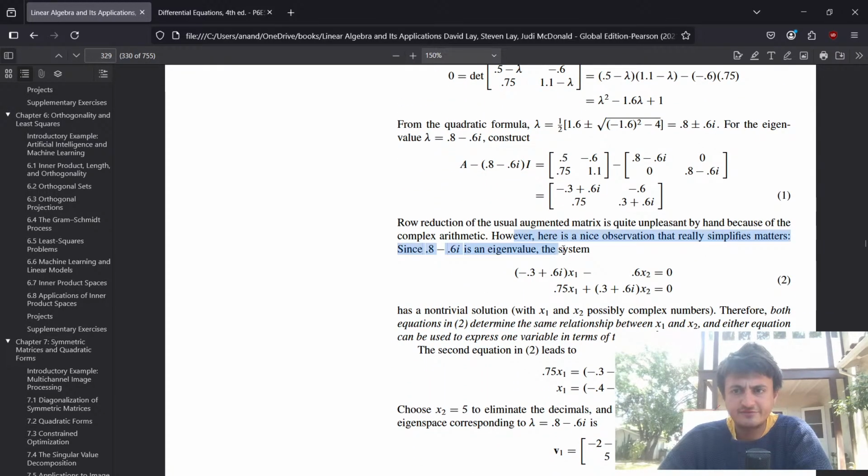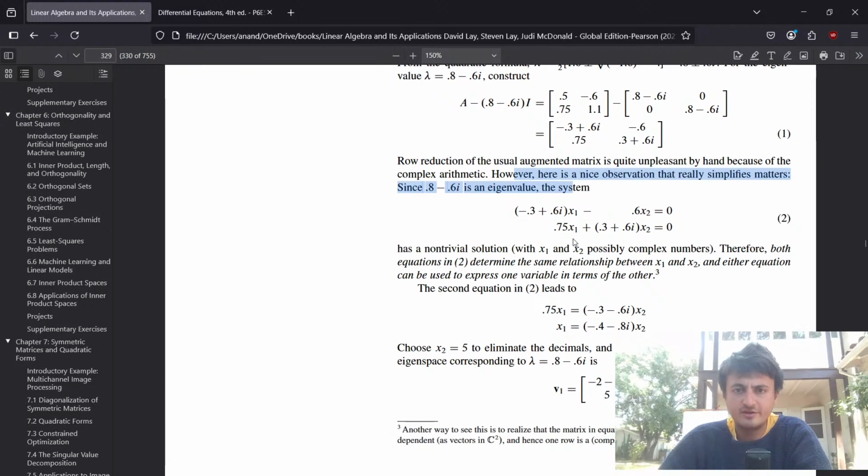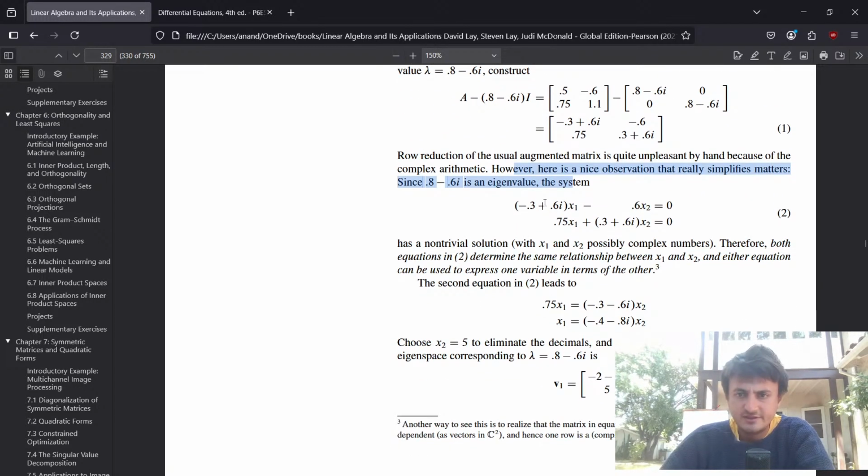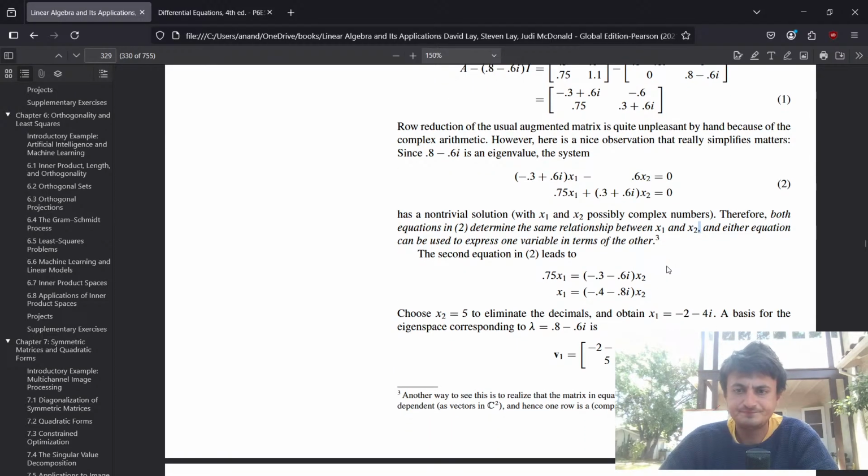However, there's a nice observation that really simplifies matters. Since 0.8 minus 0.6i is an eigenvalue, the system has a non-trivial solution with x1 and x2 possibly complex numbers. Therefore, both equations determine the same relationship between x1 and x2, and either equation can be used to express one variable in terms of the other.